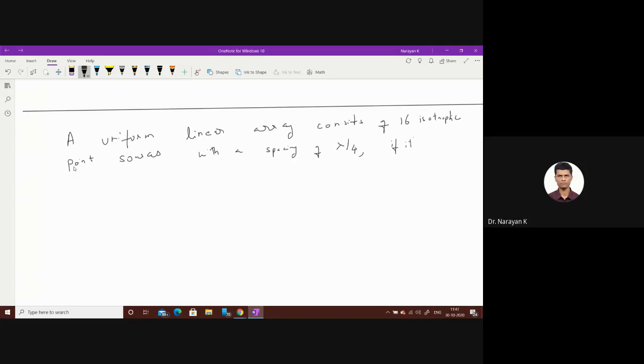If its phase shift is 180 degrees, calculate half power beam width, directivity, beam solid angle, and effective aperture.